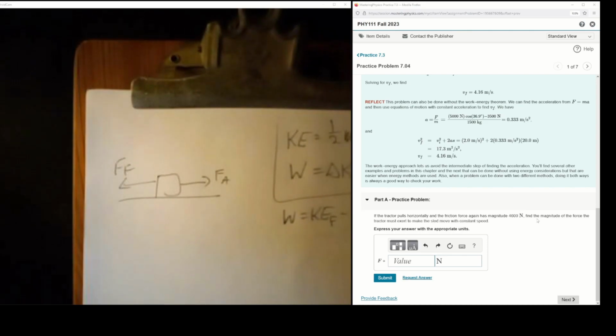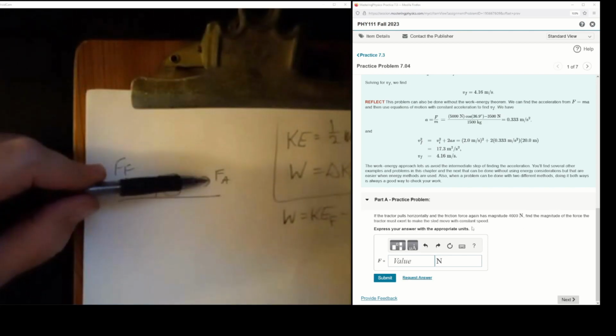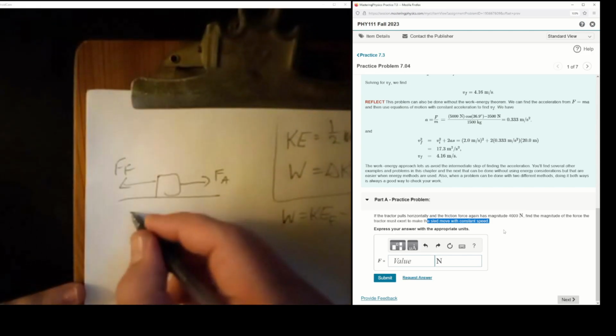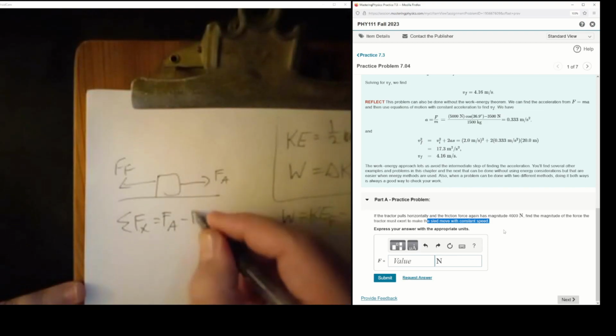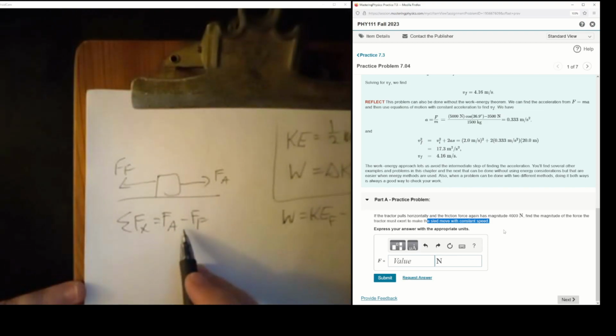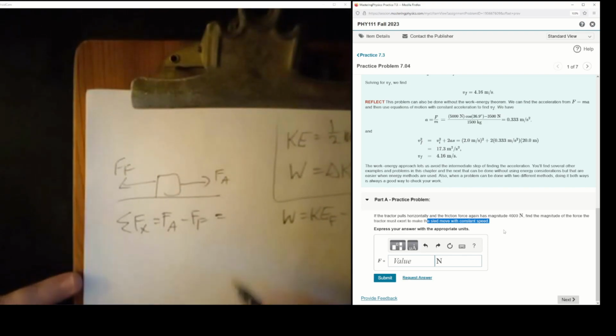And it says find the magnitude of the force applied when there's constant speed. So when there's constant speed, when we sum these forces, we have force applied to the right, force of friction to the left gets the minus sign. Newton says this equals ma, but they're telling us a is 0 by saying it's at constant speed.